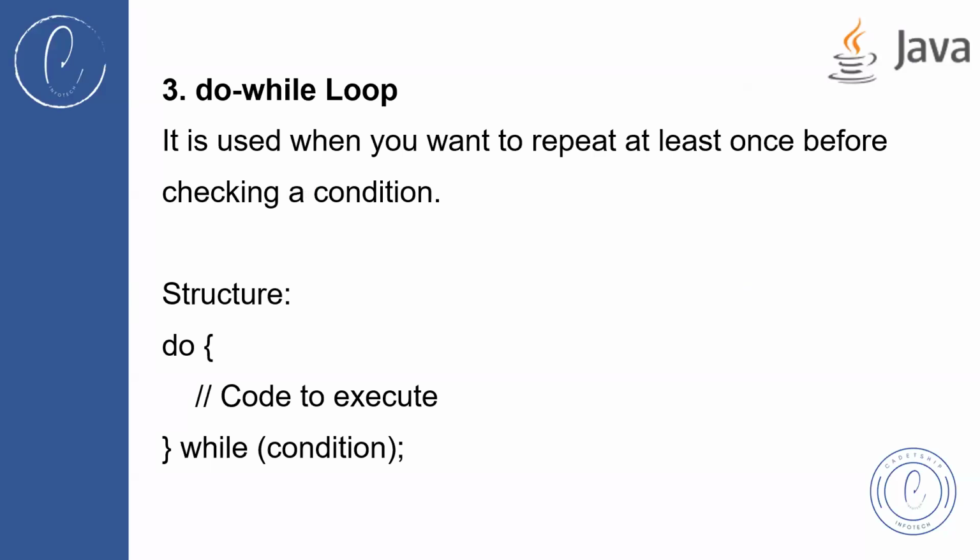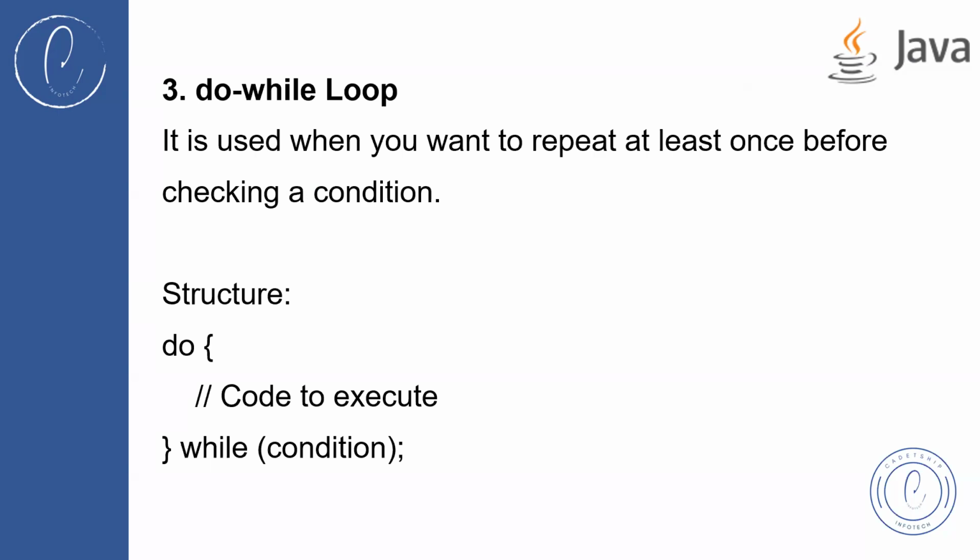This loop will also work like while, but it also has a do block. So it will execute the code one time at least, and then it will be checking the while condition, as you can see in the structure. And after checking the condition, it will execute the code a second time based on the condition.